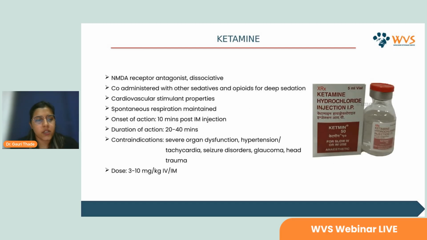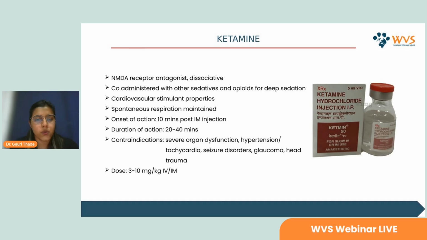Ketamine is a dissociative anesthetic. It is an NMDA receptor antagonist. Usually, it is administered with other sedatives and opioids to achieve a deeper level of sedation. It is a cardiovascular stimulant, which is different to all the other anesthetic drugs that we use. Spontaneous respiration is usually maintained in animals, and the onset of action is 10 minutes from IM injection.